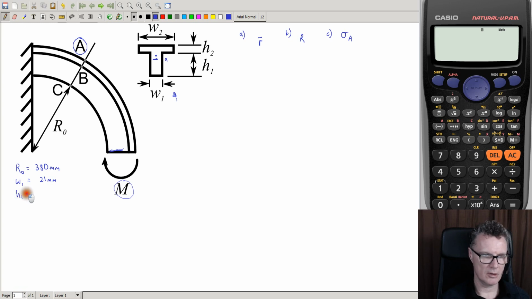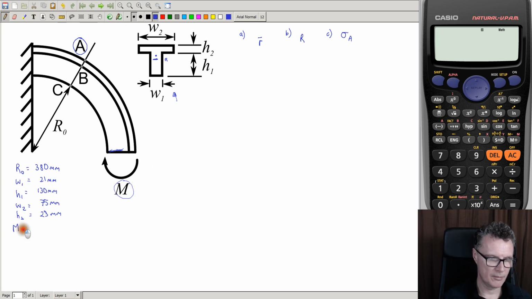The height of the lower section will be 130, and for the width 2 we'll have 75, and the height 2 we'll have 23. Do I need any other data? I need to know what this bending moment M is. So I'll set that to 1400 Newton meters. Rightio, I think that's all the data I need to solve these problems.